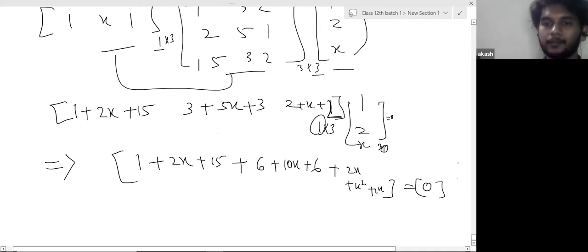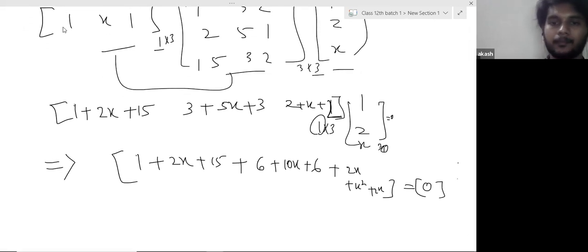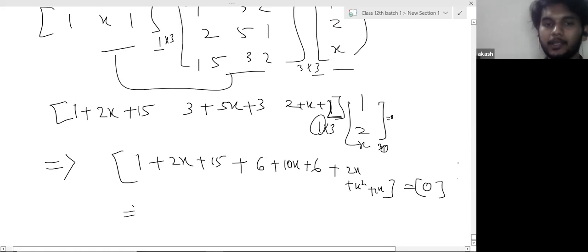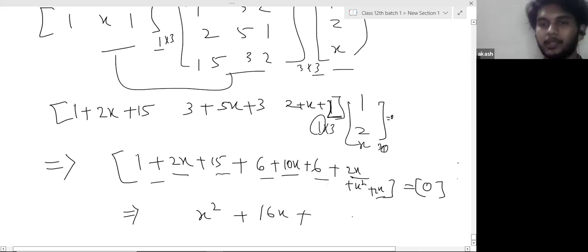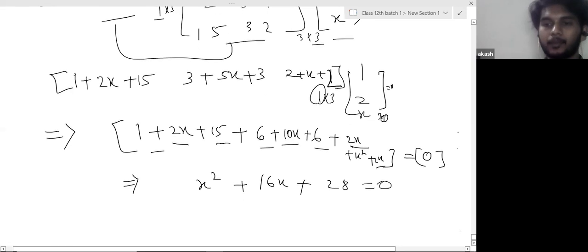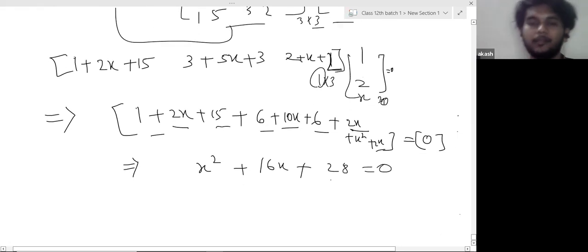All right. So now we can write this must be equal to 0 and this is x square plus 16x plus 28 is equal to 0. All right. So how we can get the value of x?